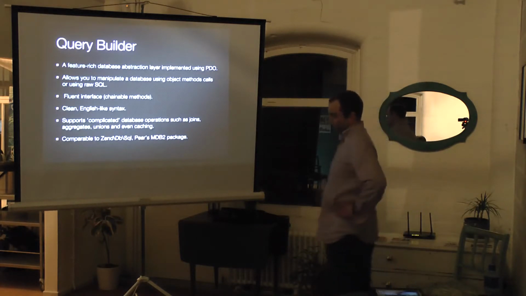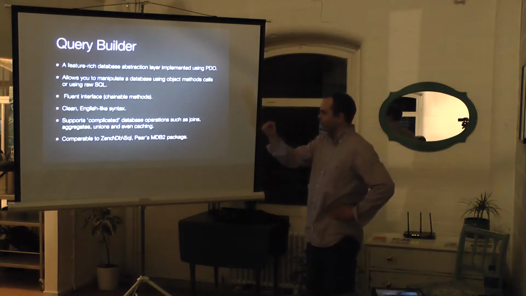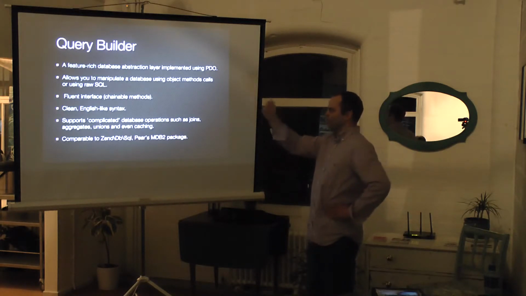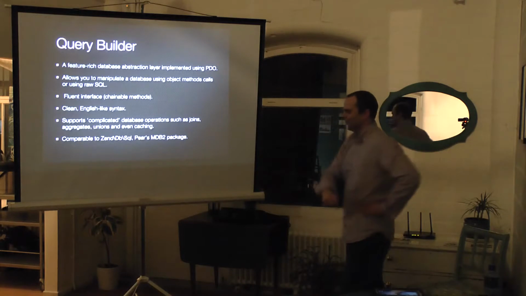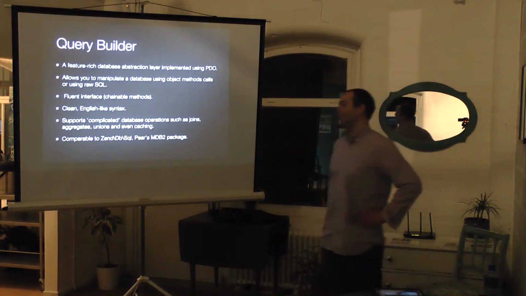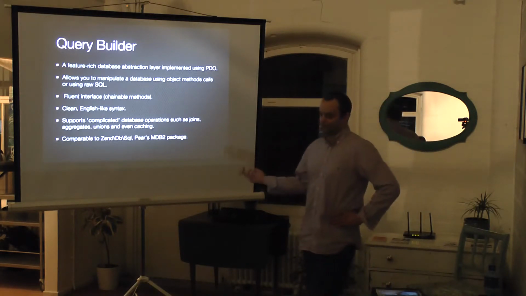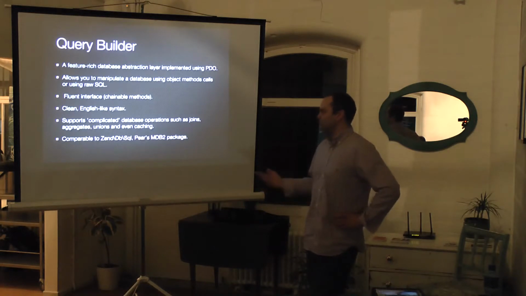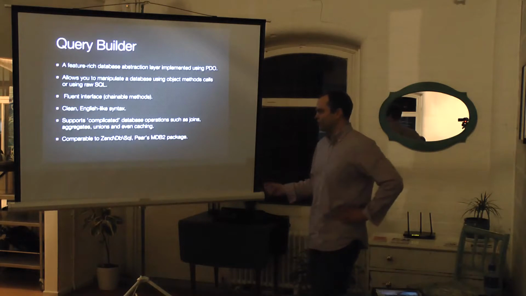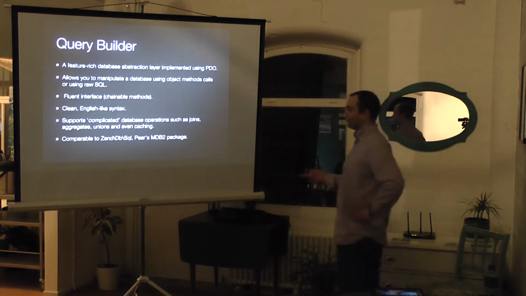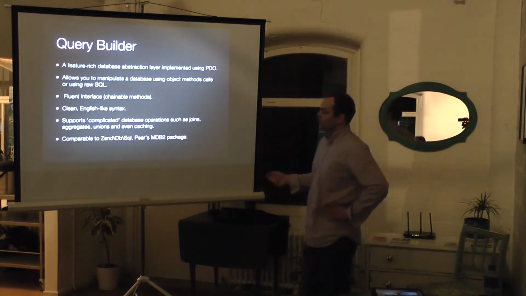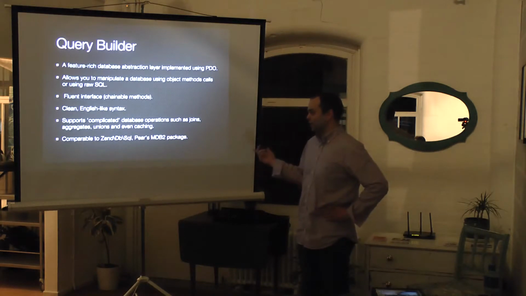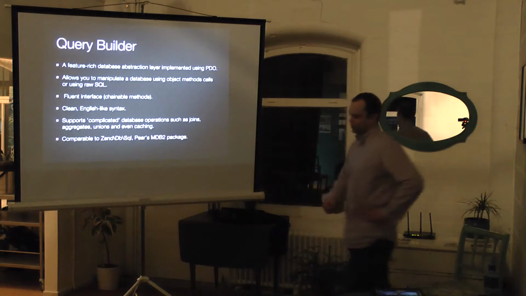You saw before the arrow syntax in a couple of the examples, so you would use arrow all through these methods. It's got a clean English-like syntax, mainly because of that fluent interface. It supports more complicated database operations, such as joins, aggregates, unions, and it even does caching, which is pretty impressive. If you've used frameworks before, it's comparable to Zend DB SQL or PEAR's MDB2 package.